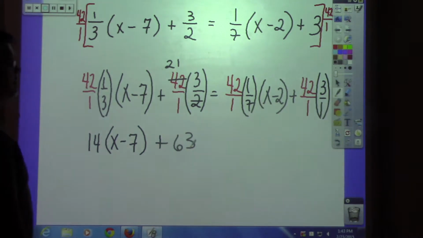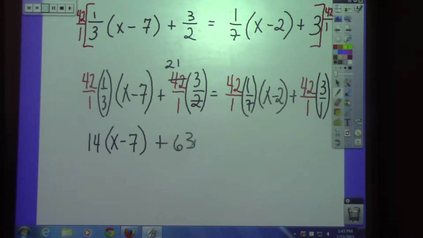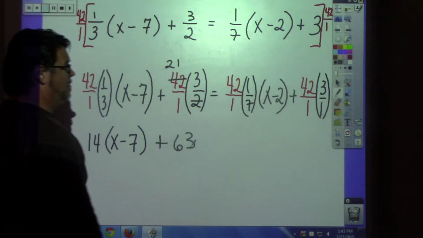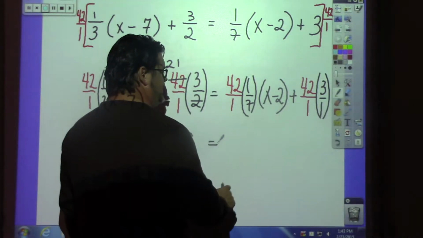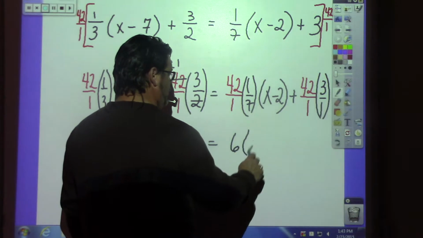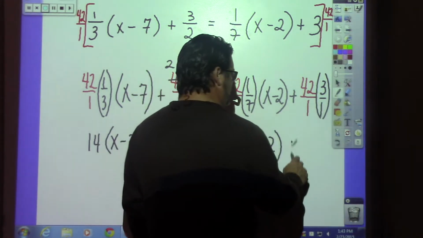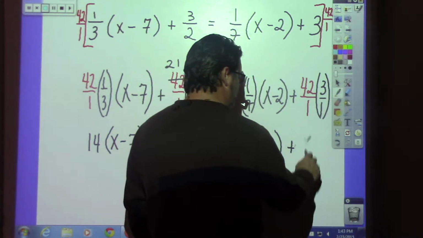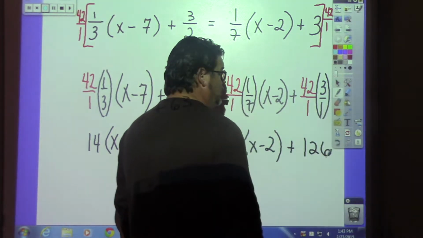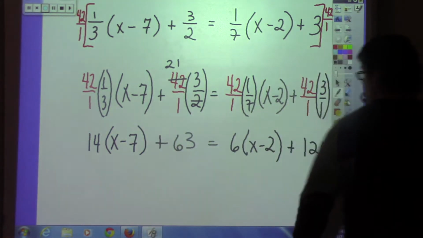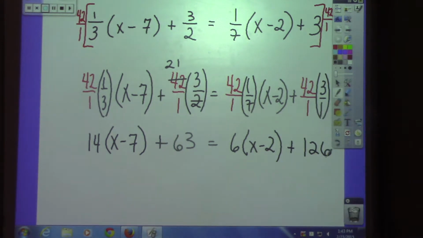You don't need a calculator for that. 3 times 2 is 6, and 3 times 1 is 3. 42 divided by 7 is 6, and 42 times 3 is 126. No, you don't need a calculator for that either. Okay, now you can finish it.